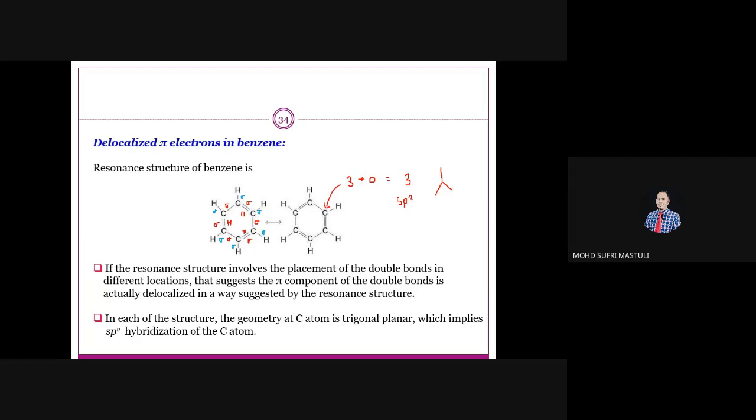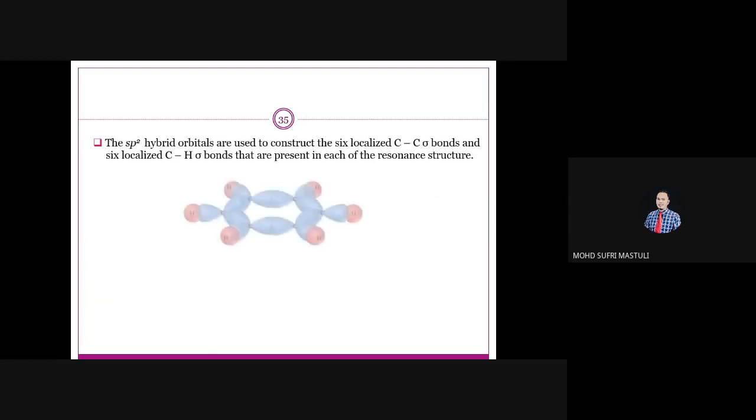And 6 carbon-carbon sigma bonds, 1, 2, 3, 4, 5, 6. All right. And then what next? All the single bonds are sigma. Sigma in this structure can be carbon-carbon sigma or carbon-hydrogen sigma. All of these are localized. Localized means that the electron is not moving.